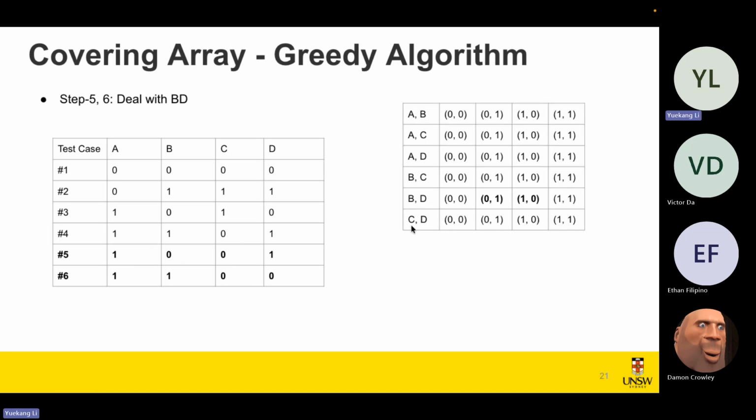So this is how we build the covering array using the greedy algorithm. And you can see that this is exactly the covering array we just used for demonstrating the advantage of using this covering array.